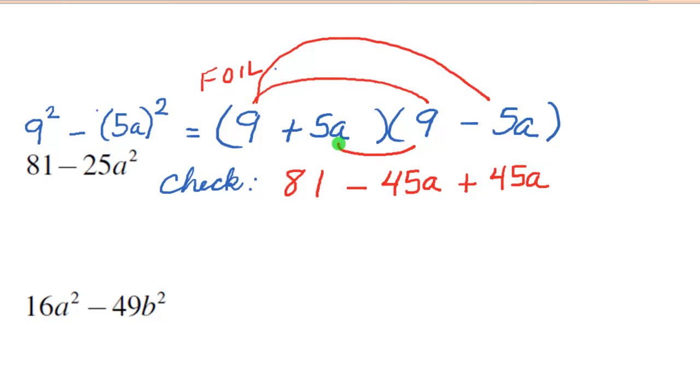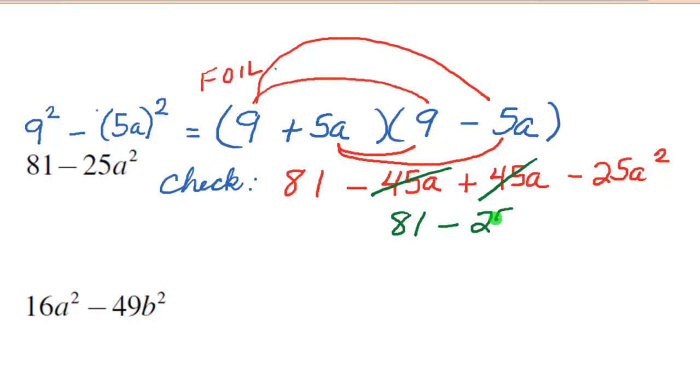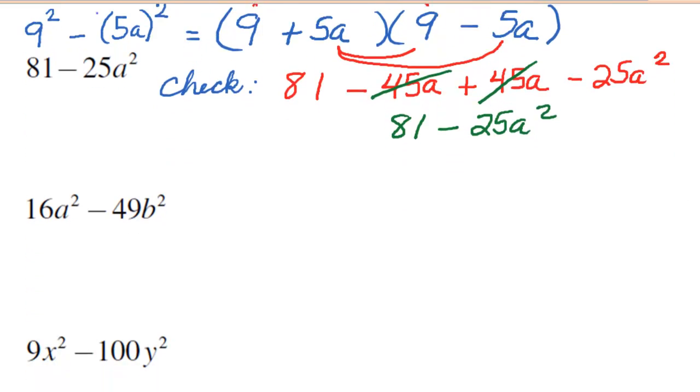And then the lasts, a positive 5a times a negative 5a, which is a negative 25a squared. Notice that these two middle terms cancel, and we end up with our binomial, 81 minus 25a squared, which is what we started with. So you can always check these answers.